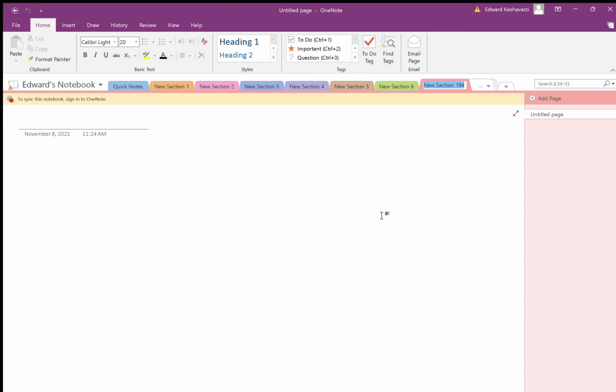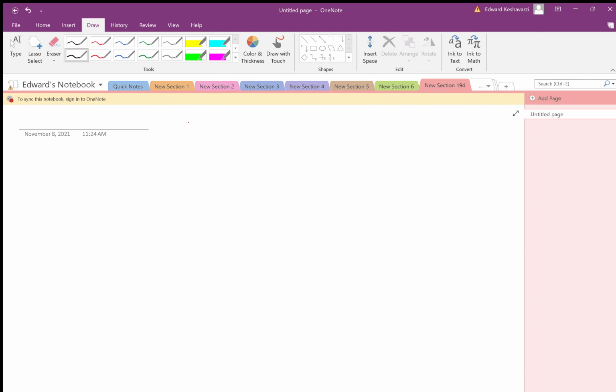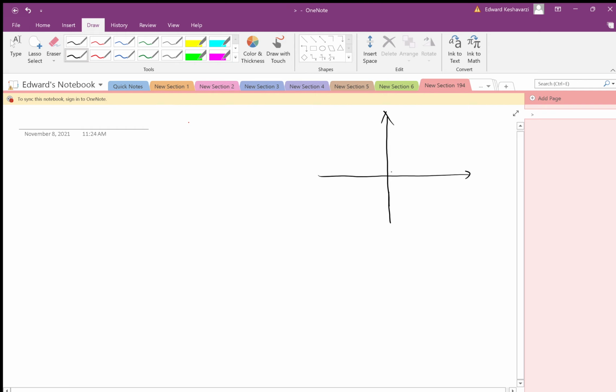Today's lesson is about inverse function and its derivative. So we know that the graph of f inverse is the reflection of f with respect to y equals x.